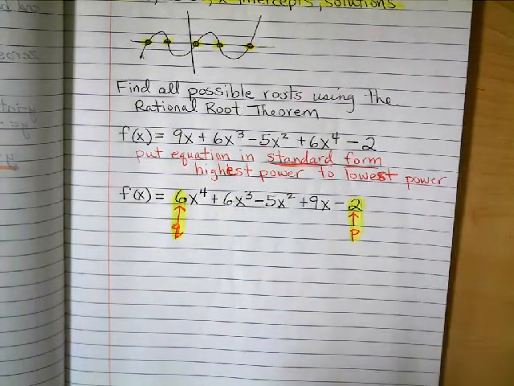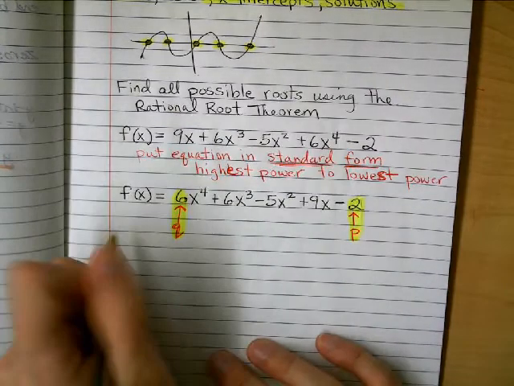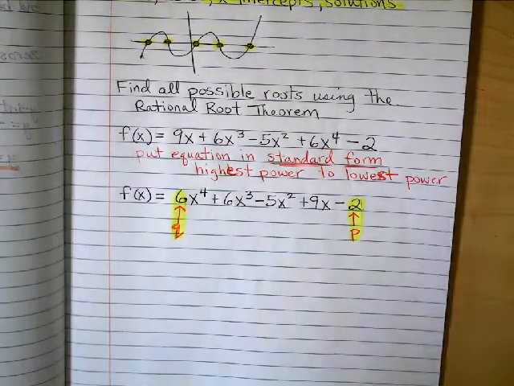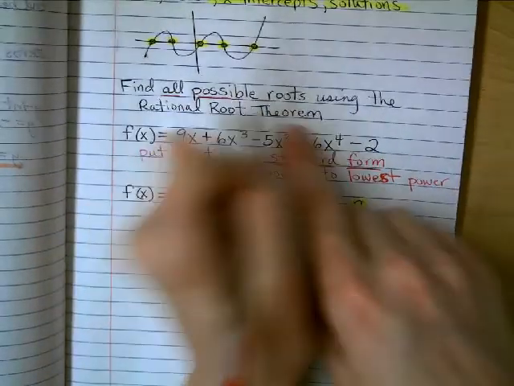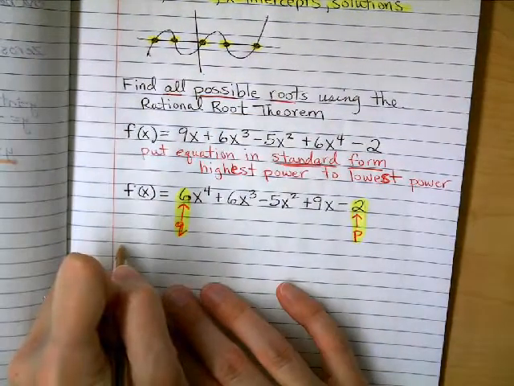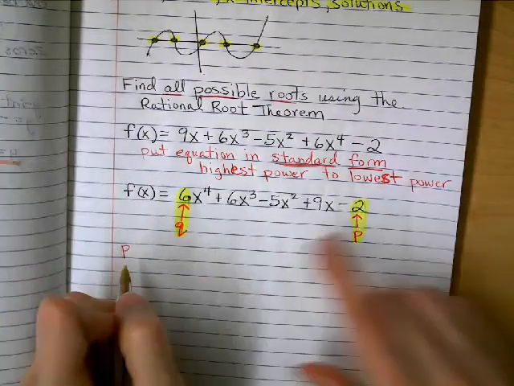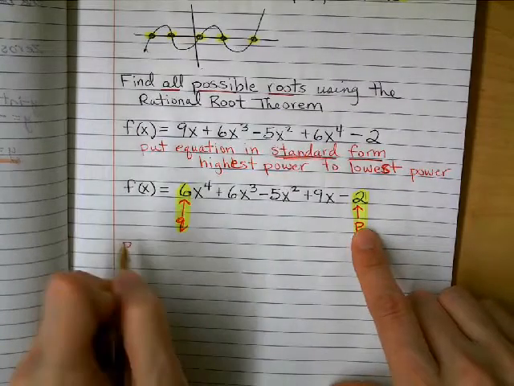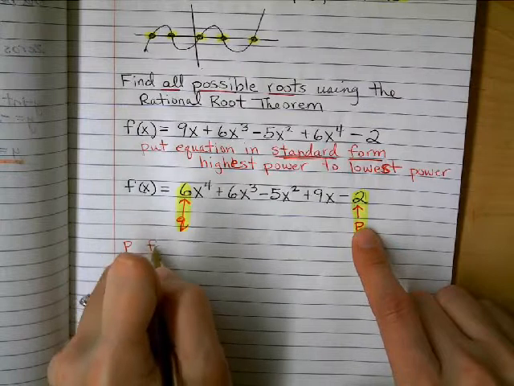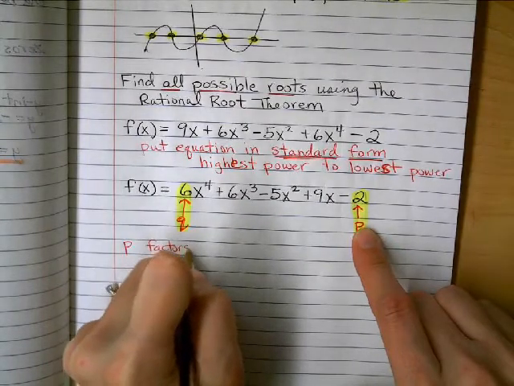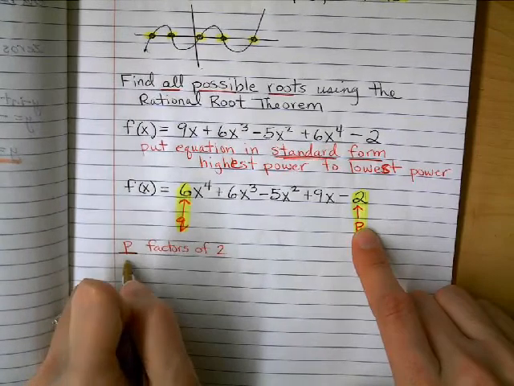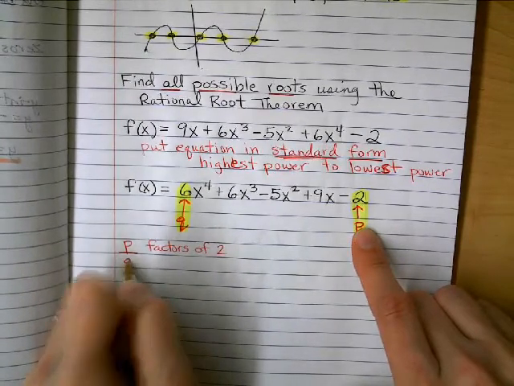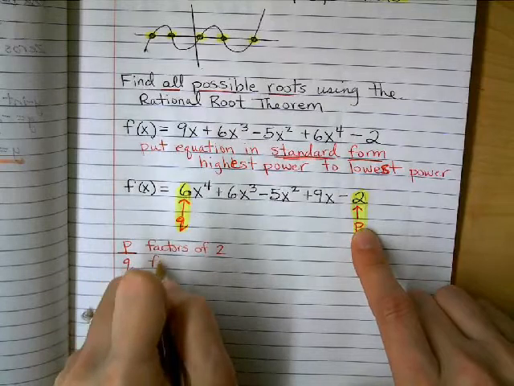To do this rational root theorem, you list all the possibilities. It said find all possible roots. So we look at the number P, which is 2, and think of factors of 2. We put them over the Q number, and figure out factors of the Q number.